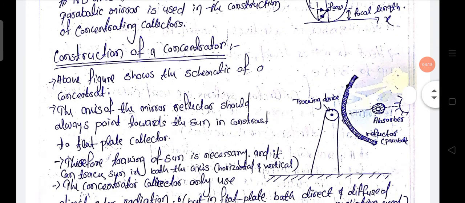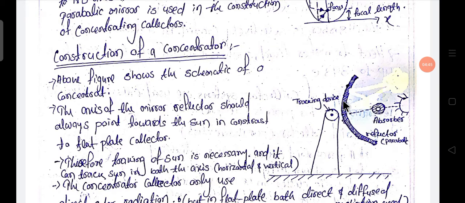Okay, now let us see the construction of a concentrator. The above figure shows the schematic of a concentrator. It is a parabolic concentrator. In front of that parabolic concentrator, an absorber is there, or a pipe-like absorber is there.